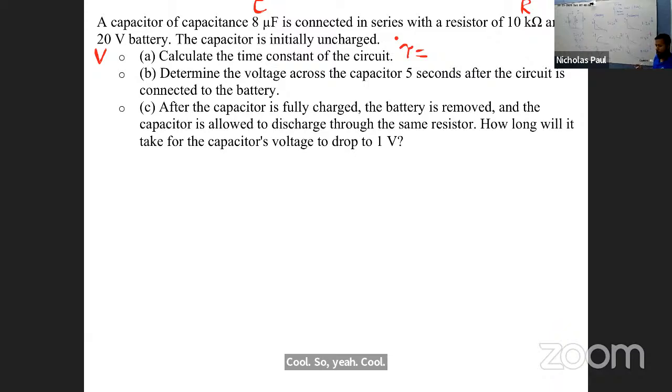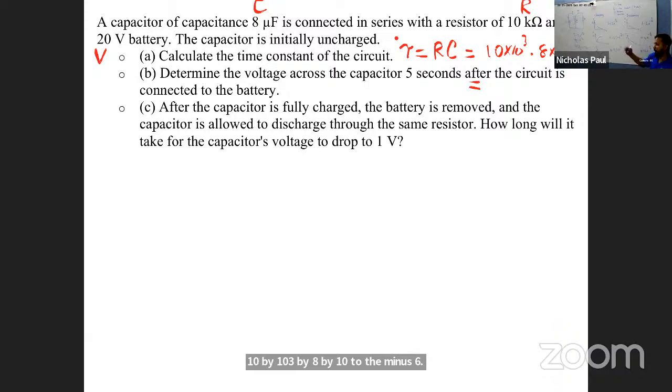And time constant is R multiplied by C. How much is that? So that's 10 by 10 to the 3 by 8 by 10 to the minus 6. How much is that?